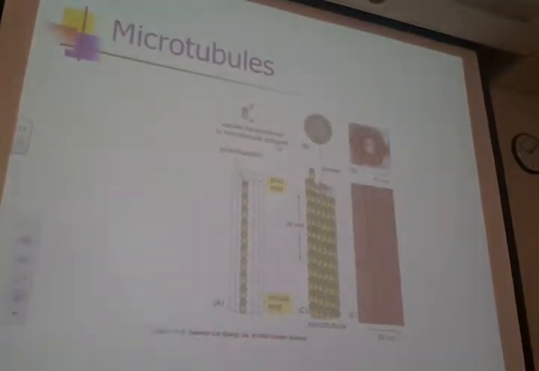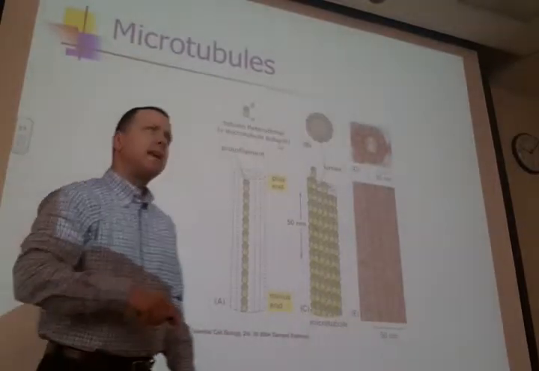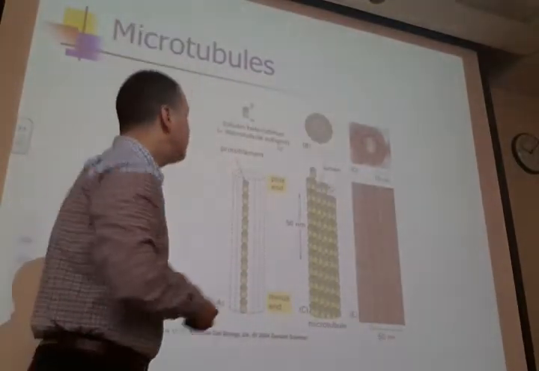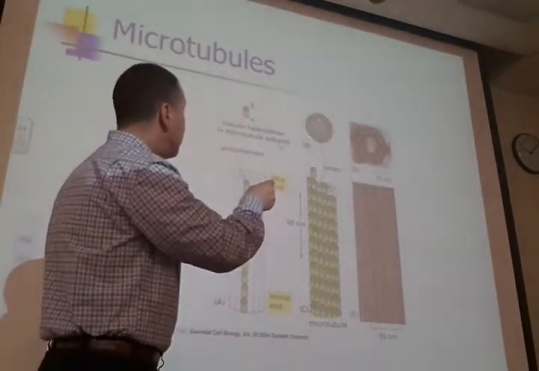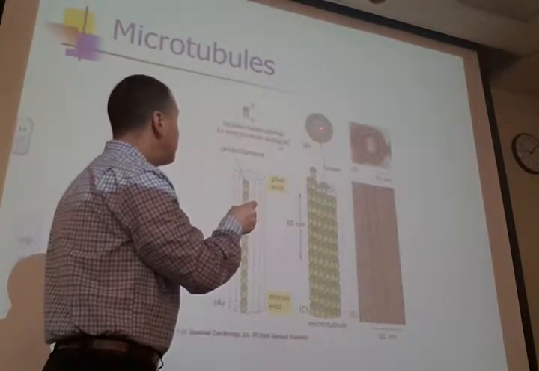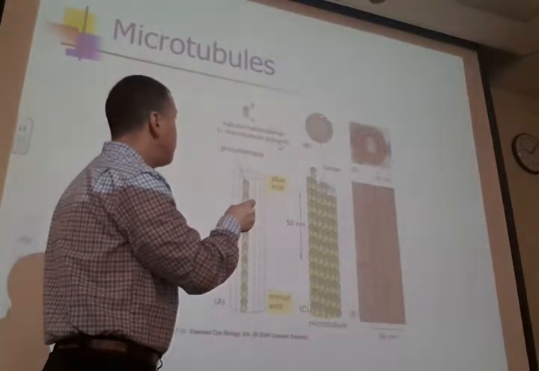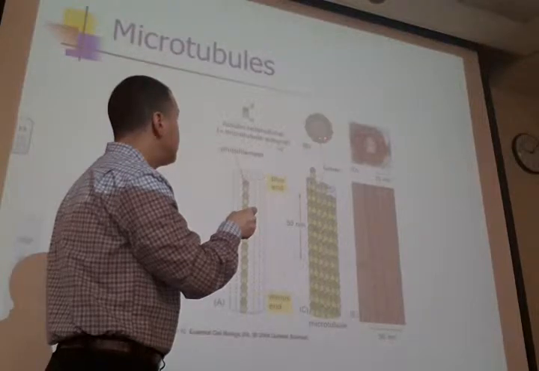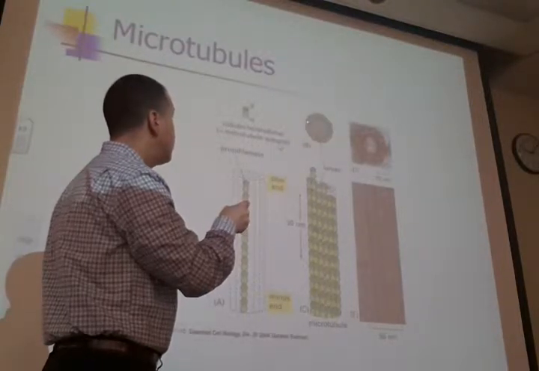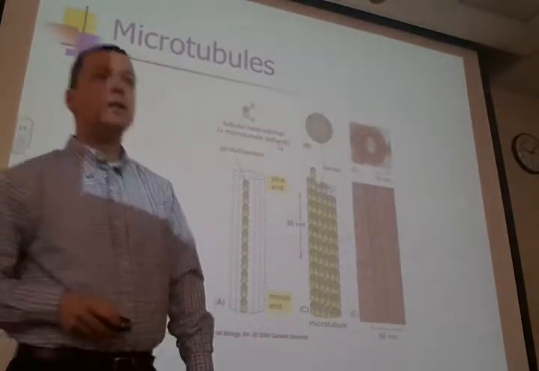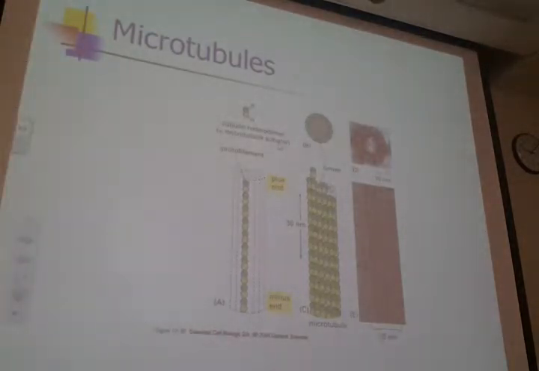So if you look around the perimeter, the circumference of a microtubule, how many protofilaments do we see? We'll just start there. 1, 2, 3, 4, 5, 6, 7, 8, 9, 10, 11, 12, 13. Lucky 13. So 13 protofilaments make a microtubule.